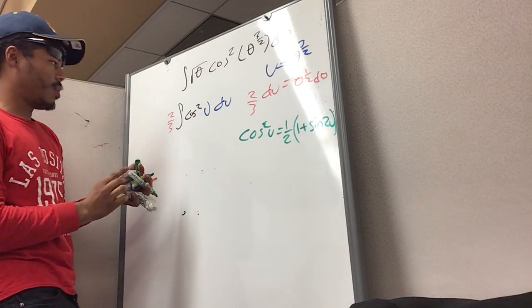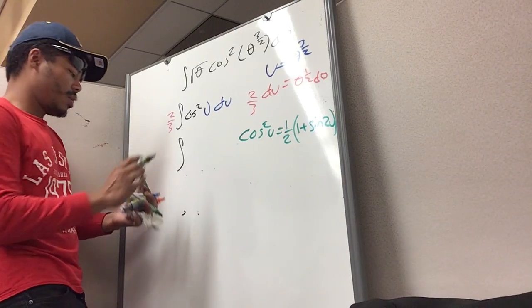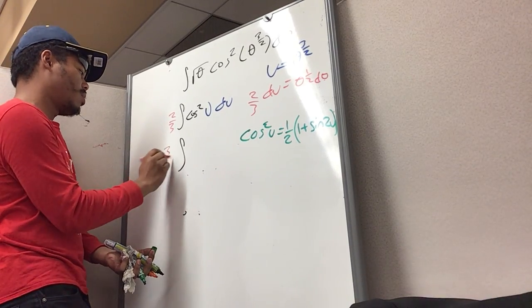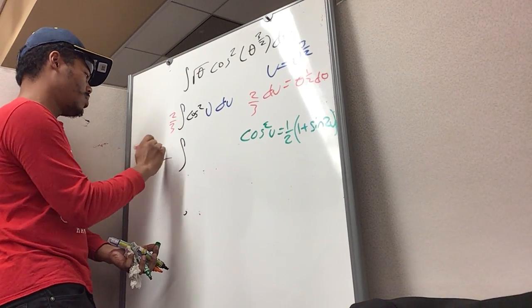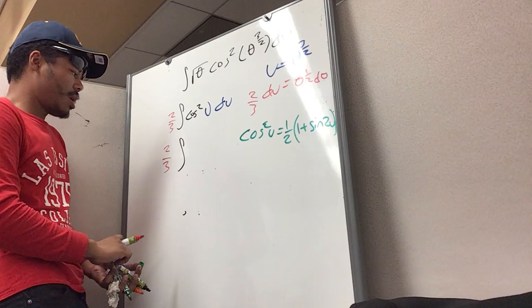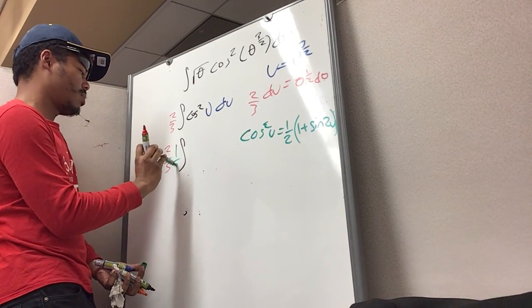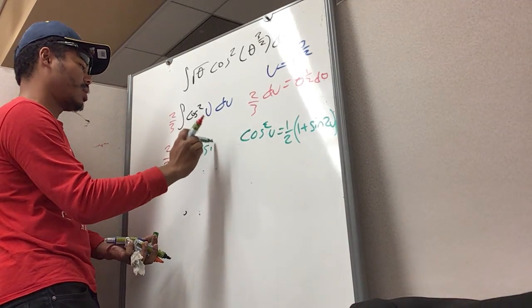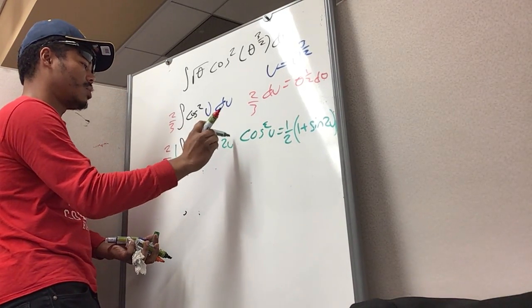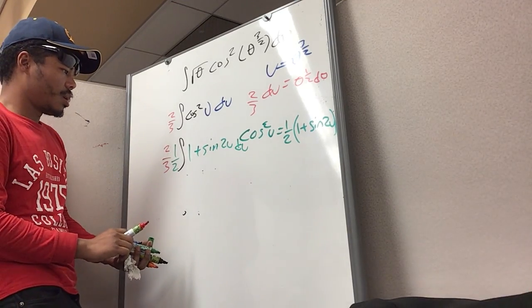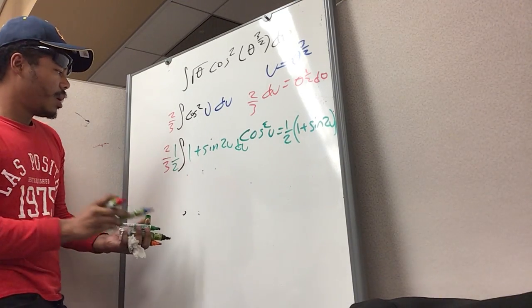Okay, so now we have our integral of 2 over 3 times 1/2 times (1 plus cosine 2u) du.